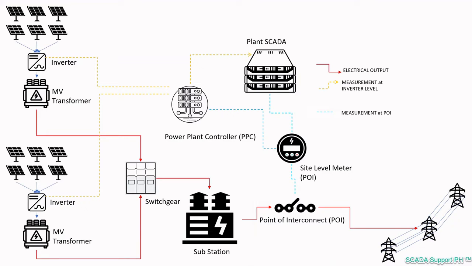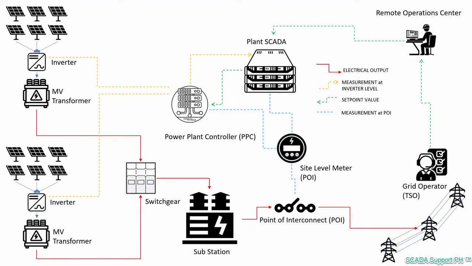When there's a need to control grid management services, signals usually come from the grid operator, which sends the signal to the control room operator, or your ROC. The ROC operator then sends the signal or set points to your PPC through the SCADA system.